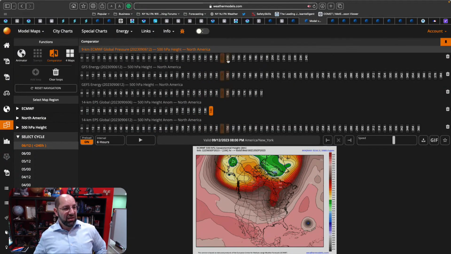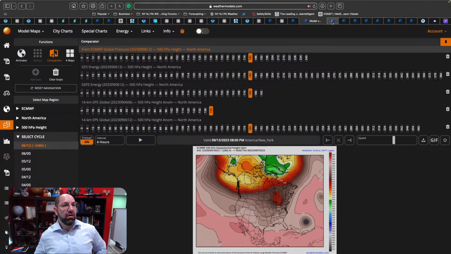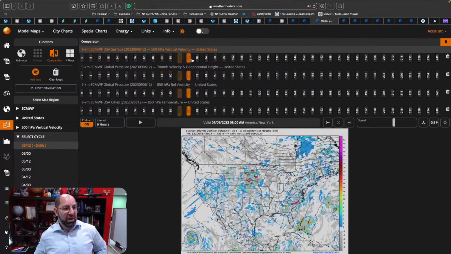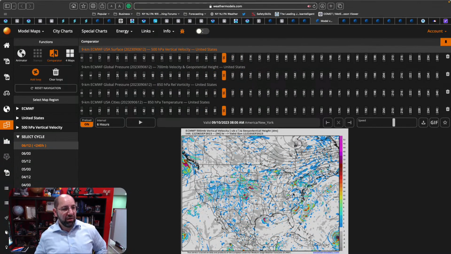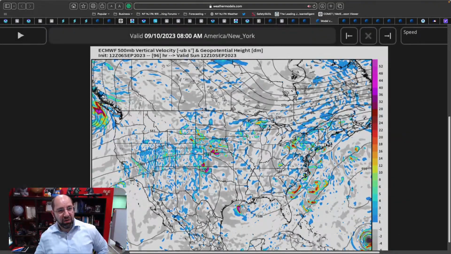but as you can see, the 500 millibar heights falling here. See it very nicely in the European guidance here. Notice the trough and orientation here is neutral to slightly positive tilt, which means our cold front's going to stall out over here.